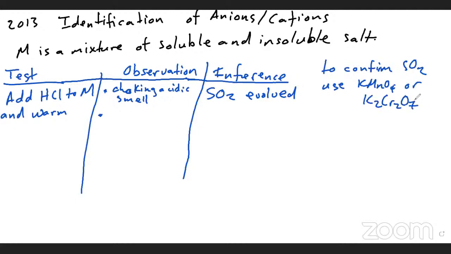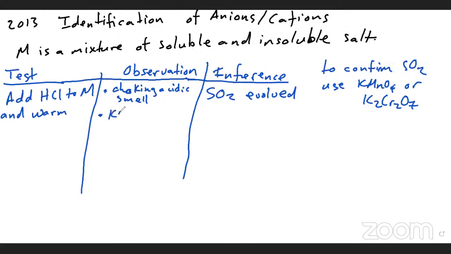If you want to confirm SO2, you're going to use potassium permanganate solution or potassium dichromate. Since they confirm it, it means that one of these would have to be used. So for my second observation, when the gas is produced, we would bubble it in KMnO4.